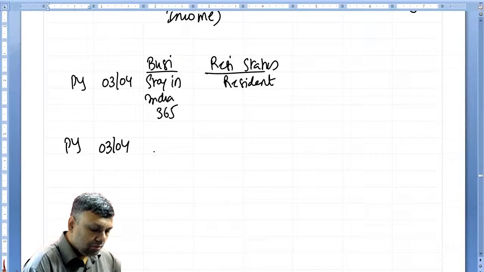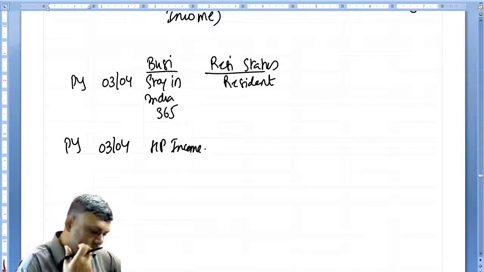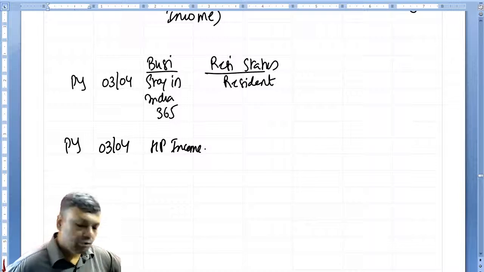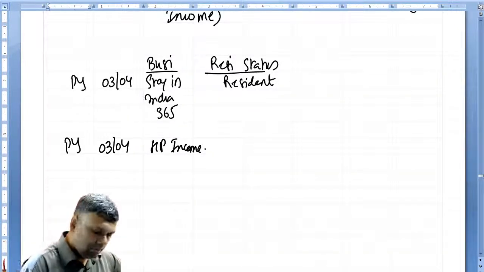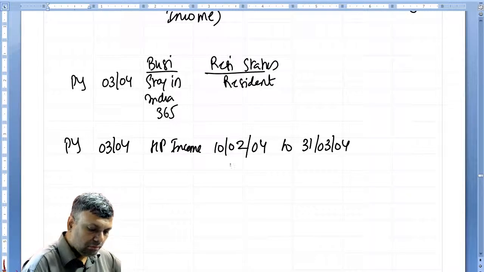Previous year 3-4, house property income. Previous year house property income from 10th February 2004 to 31/3/2004.